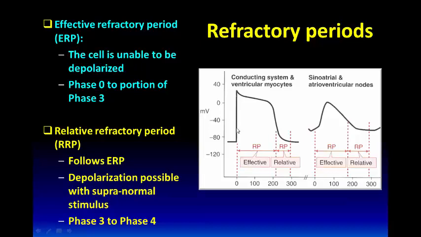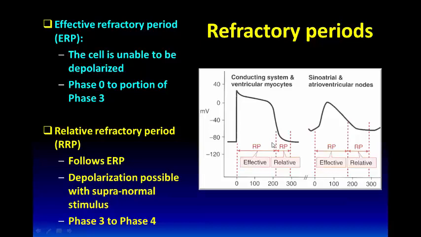So this is a ventricular myocyte, and this ventricular myocyte has responded to a stimulus here by generating an action potential. If another stimulus arrives here, the cell will not respond. If another stimulus arrives here, the cell will still not respond. Why?